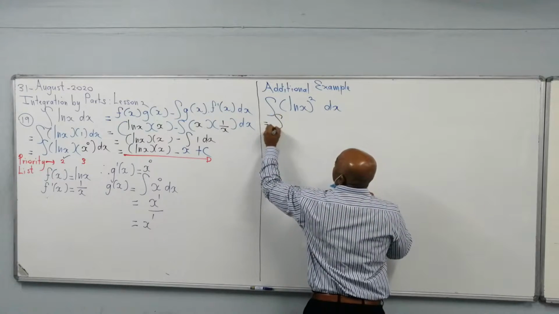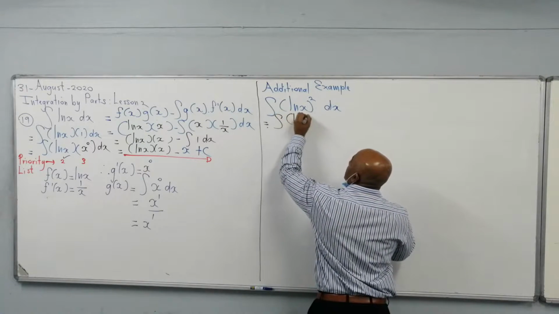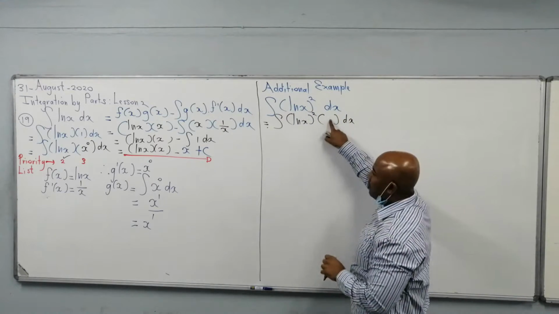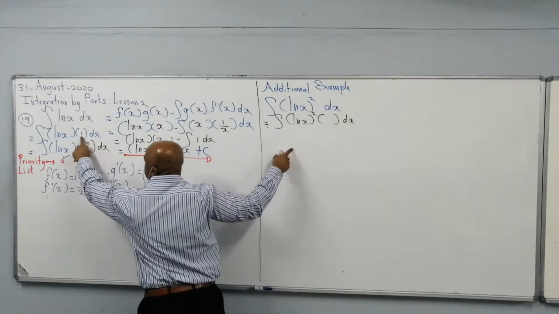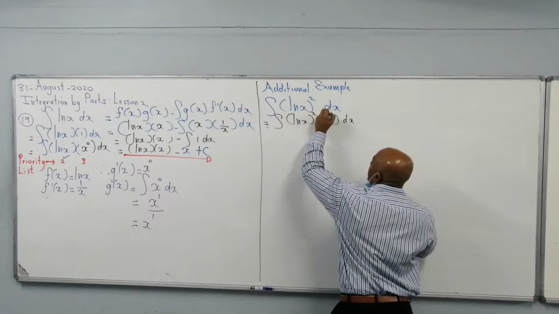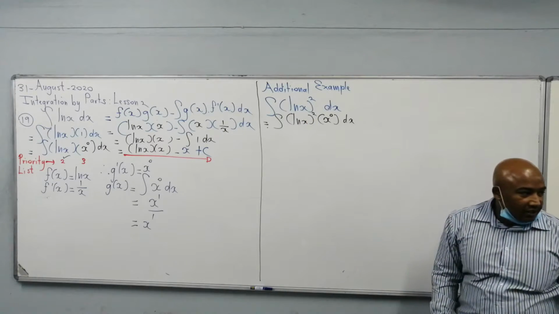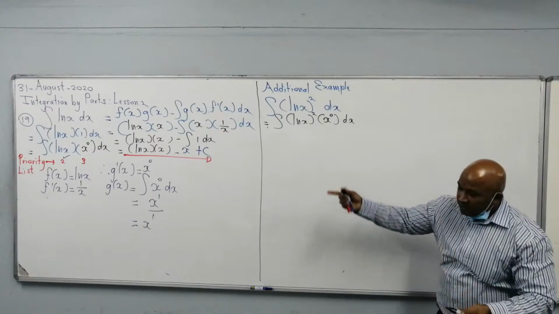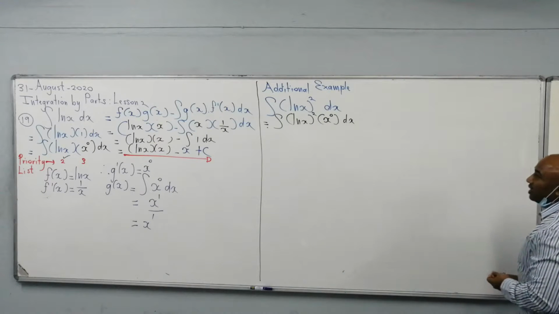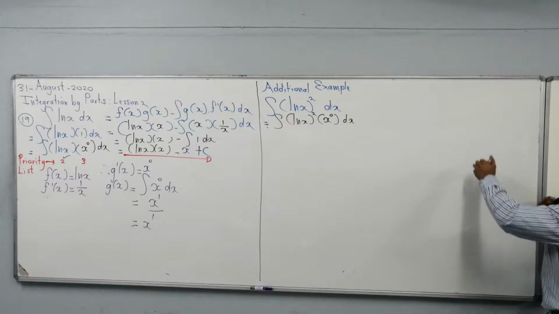So we will multiply this by 1. I'm going to multiply it by 1, but I know that 1 is actually x to the power 0. Alright. Now, we're going to do the same thing. So, what is my f of x now? Let me do my working out on the side here.